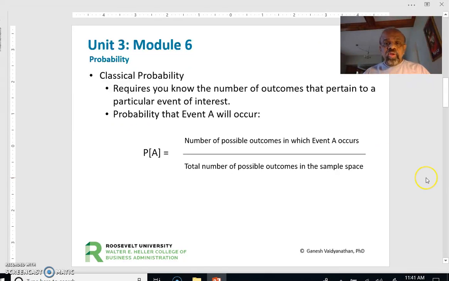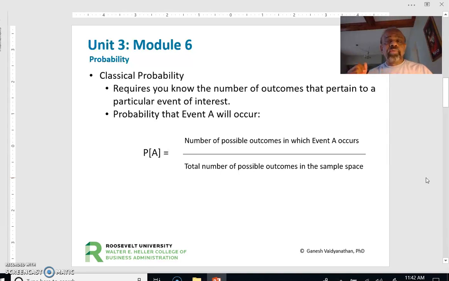Now, there are 2 things that we need to know. One is classical probability, and another one is frequency probability. The classical probability is basically the total number of outcomes in which event A occurs over the total possible outcomes in the sample space. So classical probability requires you to know the number of outcomes that pertain to a particular event of interest.